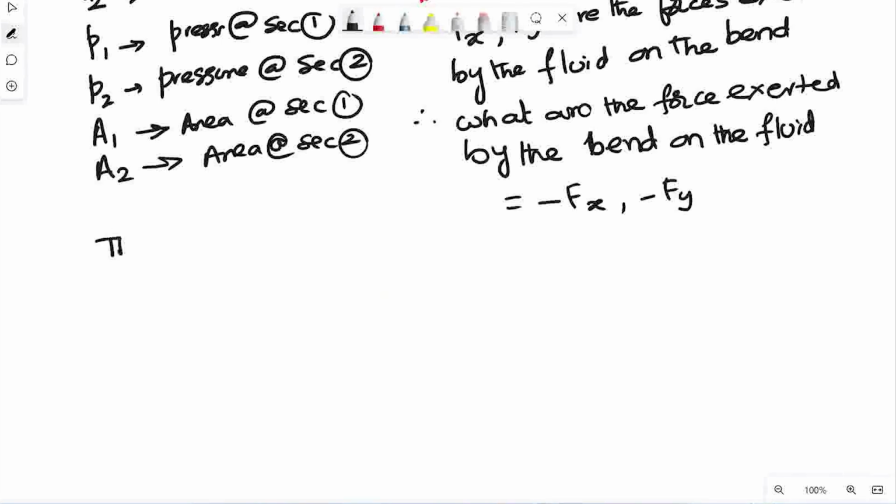There are two forces acting on the fluid.